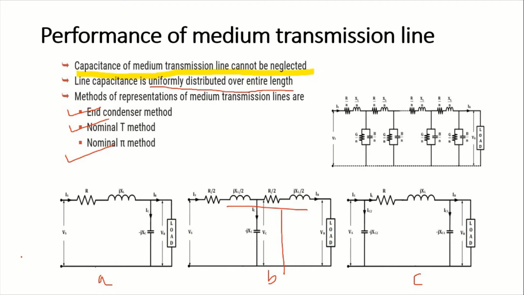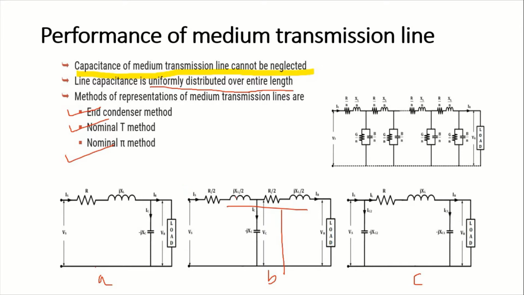Clear? The first one is the end condenser method, also called the load compensator method, where only one capacitor is used at the receiving end side. The second is the nominal T method, where one capacitor is used, but the resistance and series inductive reactance are divided into two parts, and the capacitor is connected between them like this.